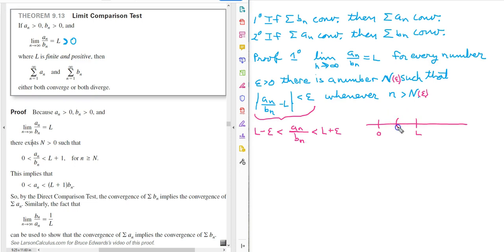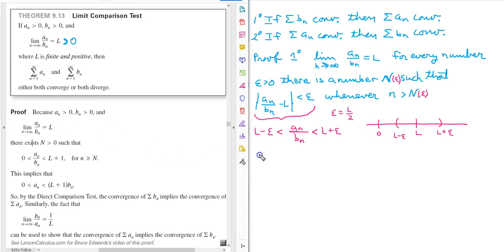So that means that this value would be L minus epsilon. If I pick epsilon to be L over 2, then this would be L minus epsilon, and out here would be L plus epsilon.